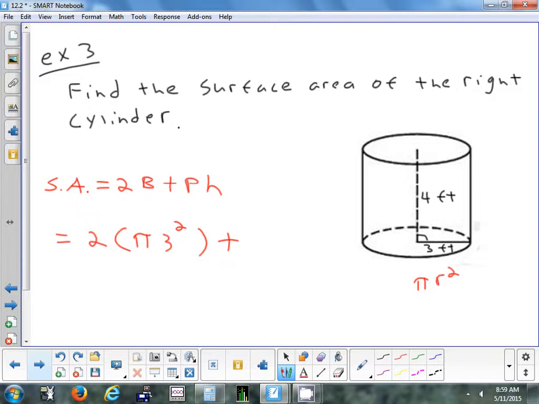I need the perimeter of a circle. What's the formula for the perimeter of a circle? We just had that on the previous page.